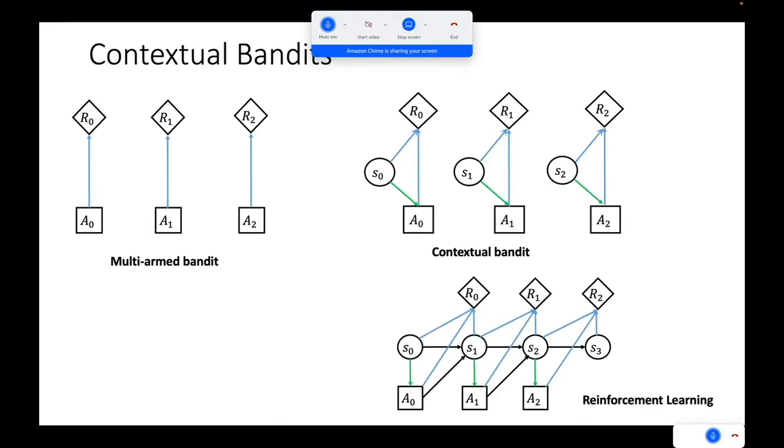We're still a bit far from reinforcement learning, where we would be connecting the states together. So this is one way to model that the current action has an effect on the environment which persists over multiple time steps, which is not yet modeled in the contextual bandit.